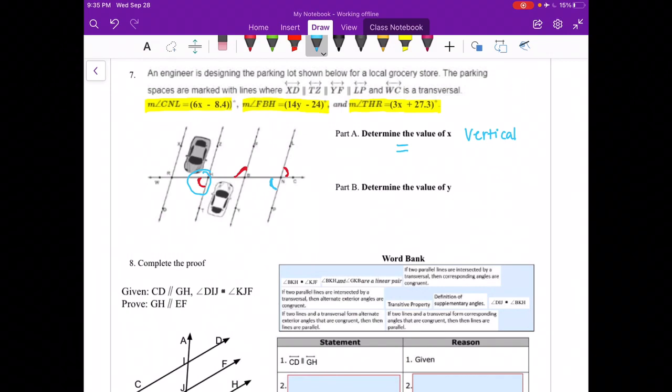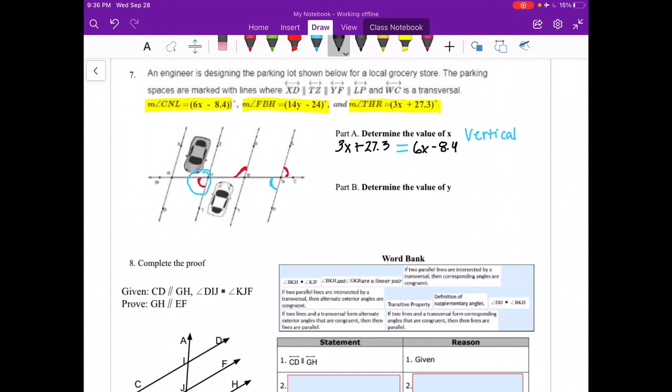So we're going to set up an equation that says 3x plus 27.3 is equal to 6x minus 8.4. Now that we have our equation set up, we're going to use algebra to solve for x.